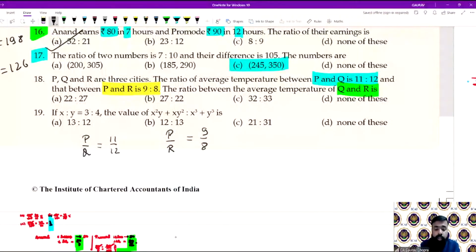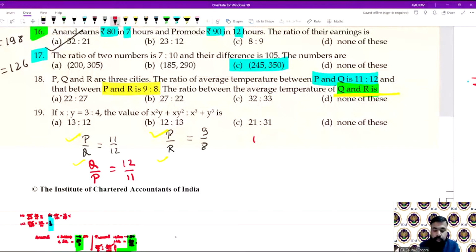If we compare these two ratios first, P is in numerator, here also P is in numerator, Q in denominator, R is also in denominator. But as per our requirement, we require Q in numerator. Then we can take the reciprocal of this ratio and it becomes Q by P is equal to 12 by 11.